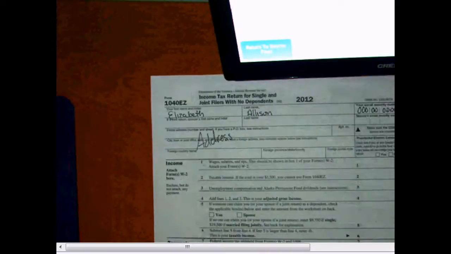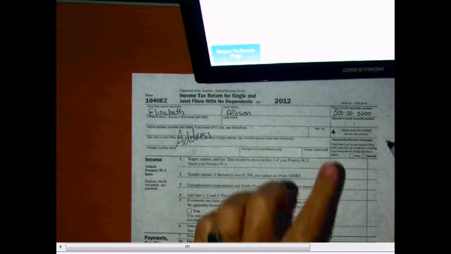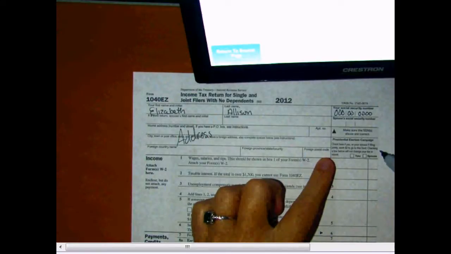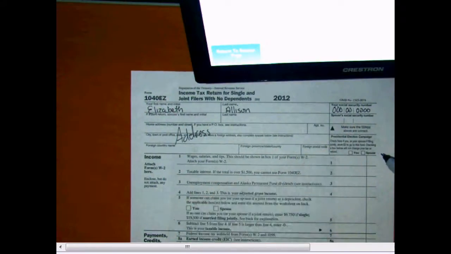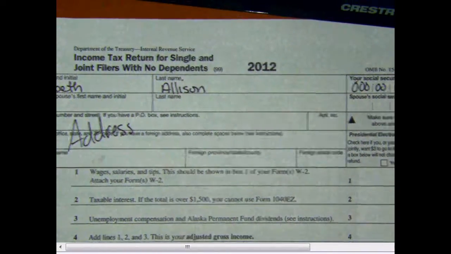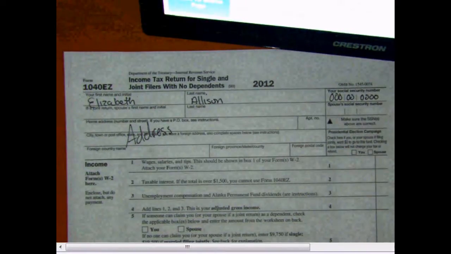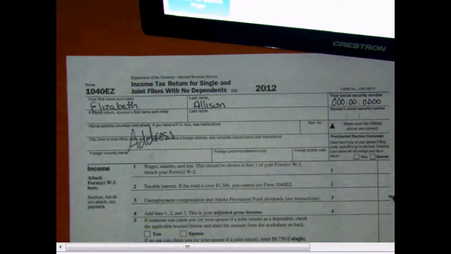Over here, you'll see that there's something about if you want to donate $3 to the presidential election campaign. That's personal choice. You don't have to. They don't come after you more or less for donating or not donating. So if you want to, you just click on that.